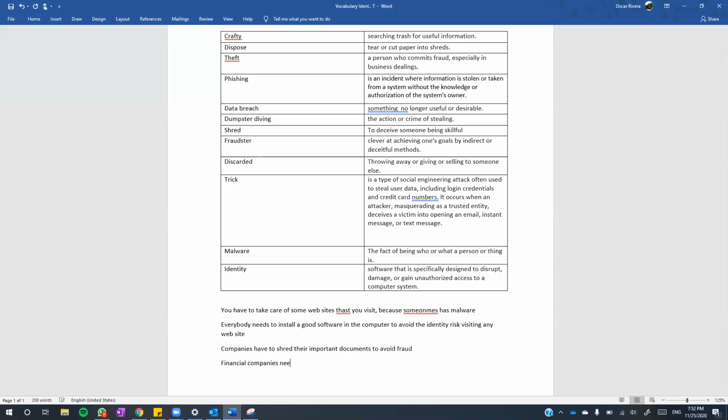Financial companies have to be careful with the information of the users in order to avoid incidents or stolen confidential information.